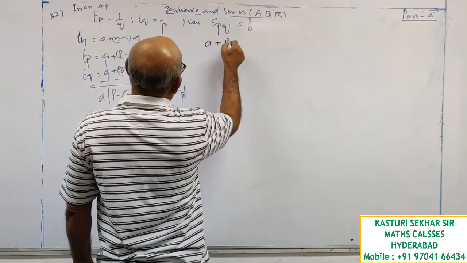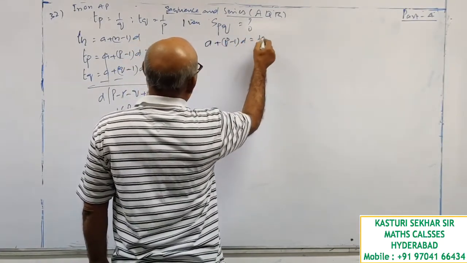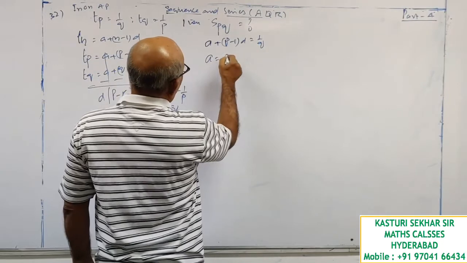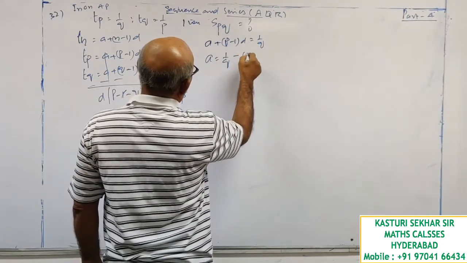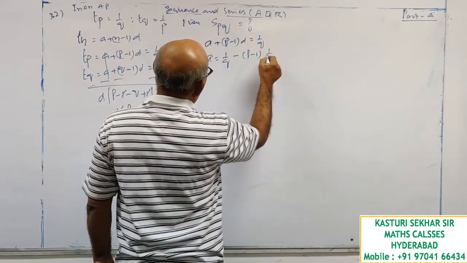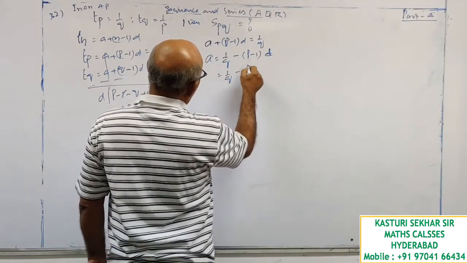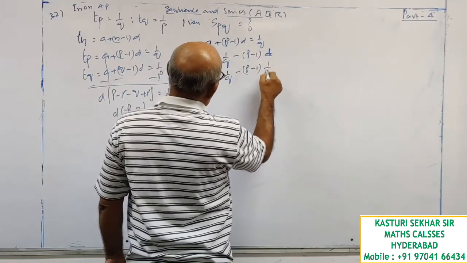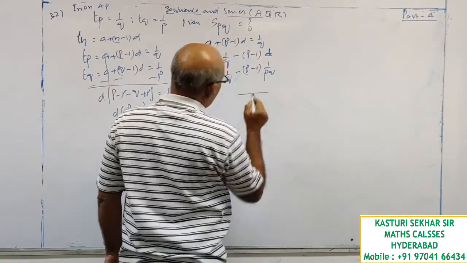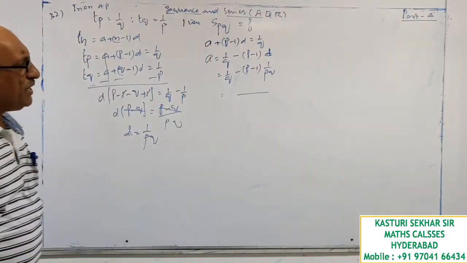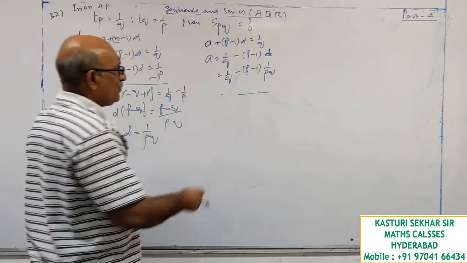A plus p minus 1 into d is equal to 1 by q. A is equal to 1 by q minus p minus 1 into d, which is 1 by q minus p minus 1 into 1 by pq. Common difference is replaced with 1 by pq.